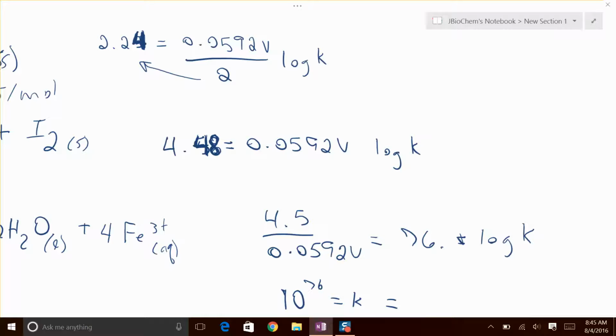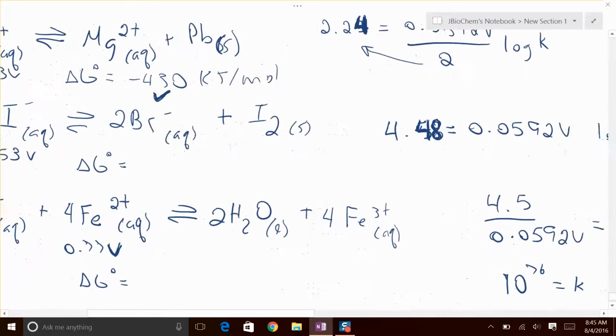We should not round when we're trying to calculate the cell potential with those two values. If you just carry everything over, you'll be okay. Okay, there you go. The mystery solved.